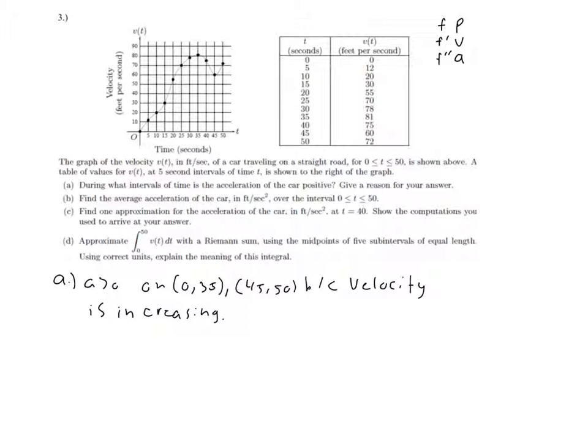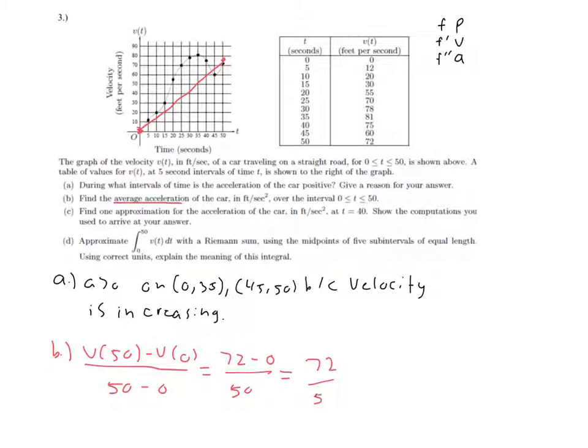All right, the average acceleration, the average rate of change from 0 to 50. If we started off here and we ended up here, we want to try and find the slope of that line. So B is going to be the velocity at 50 minus the velocity at 0 over 50 minus 0, which is 72 minus 0 over 50, 72 over 50.